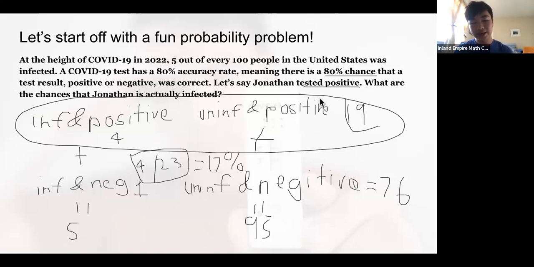This is a very important idea in a lot of statistics, because even if you have a test that is very powerful, with above a 99% chance of being correct, especially when you're doing studies or science, the chance of a person actually having COVID, or of whatever you're testing being true, is so small that your test has to be incredibly precise to know that once you test positive, what you're testing is actually true.